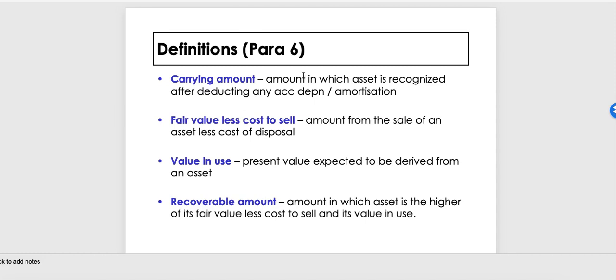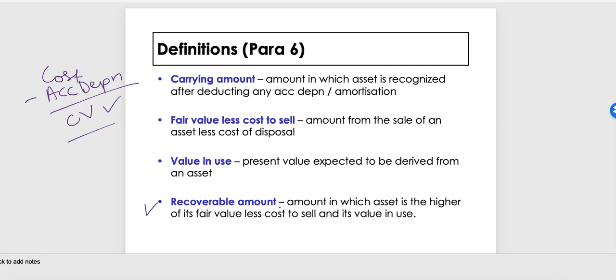Carrying amount is basically the cost of your asset less the accumulated depreciation. So you get the carrying value. This carrying value you compare with the recoverable amount.